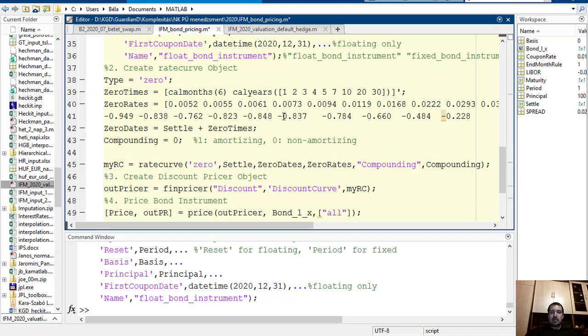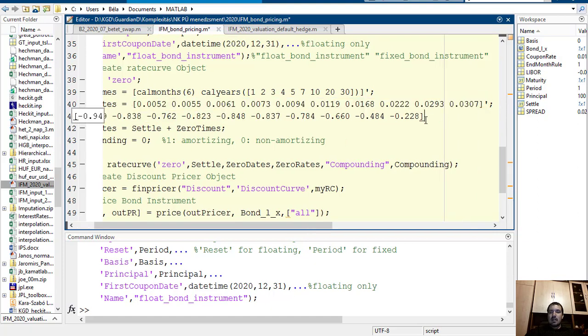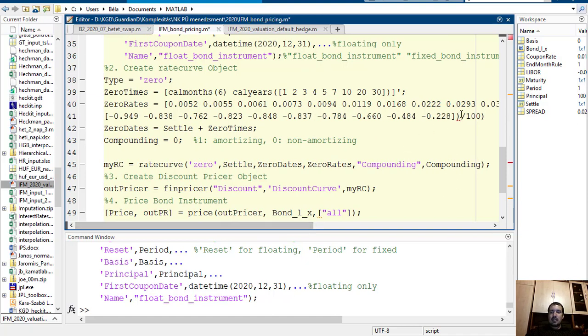It's terrible. Okay, and we still have to remember that we have to divide it by 100.